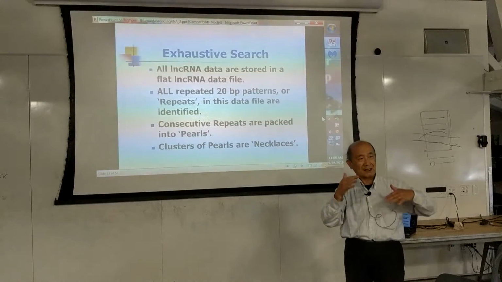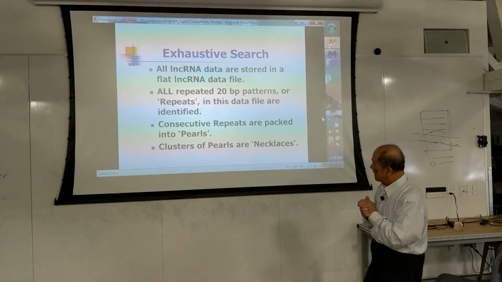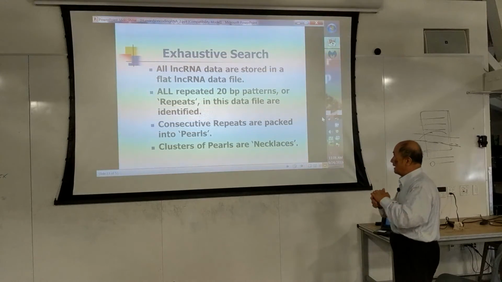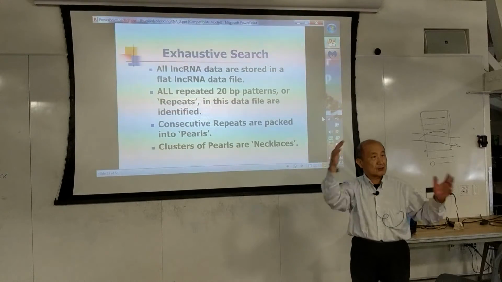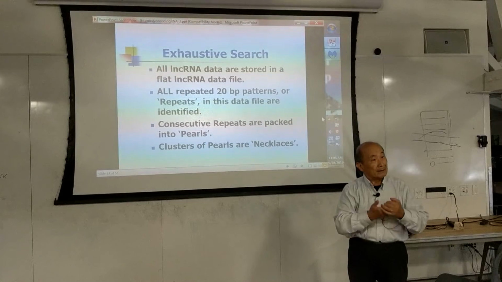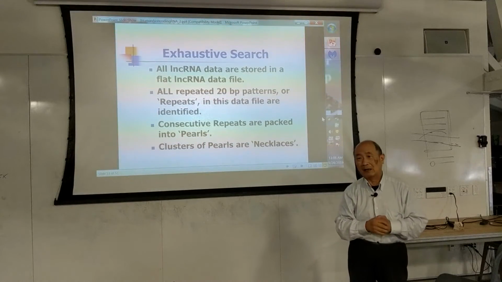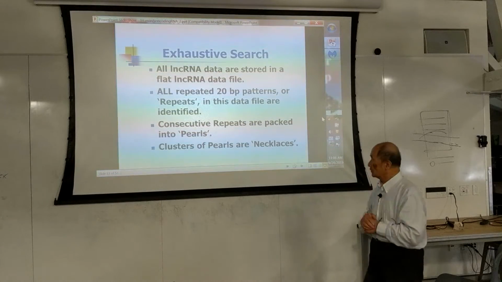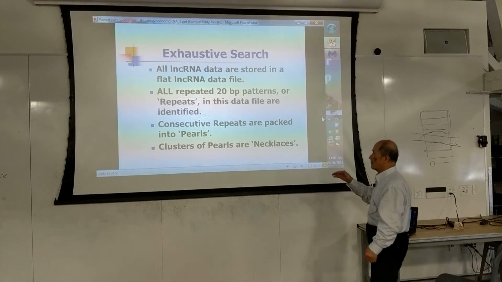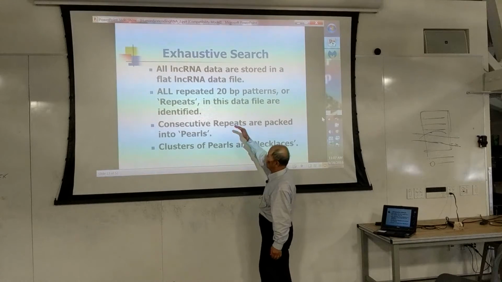And when the pairs occur in clusters, they have very useful information. They have very useful meanings. So what I'm looking for is, from the repeats, try to locate pairs.